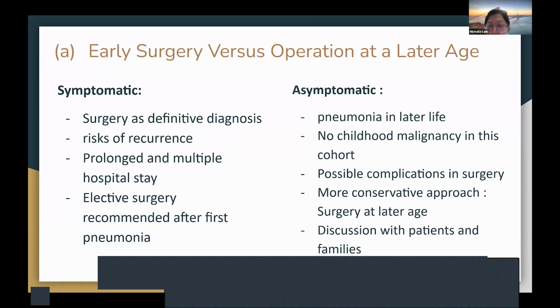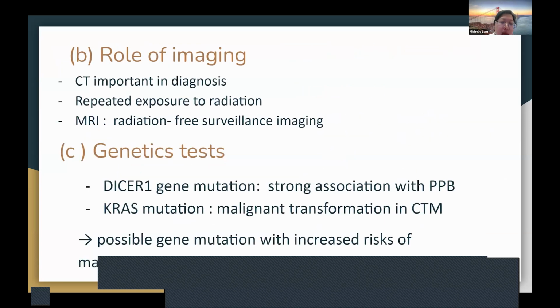Seeing both the pros and cons of surgery, we think a more conservative approach, such as surgery at a later age, will be appropriate in this group of patients. And the final decision of whether to conservatively manage or the timing of surgery requires discussion with the parents and the families.